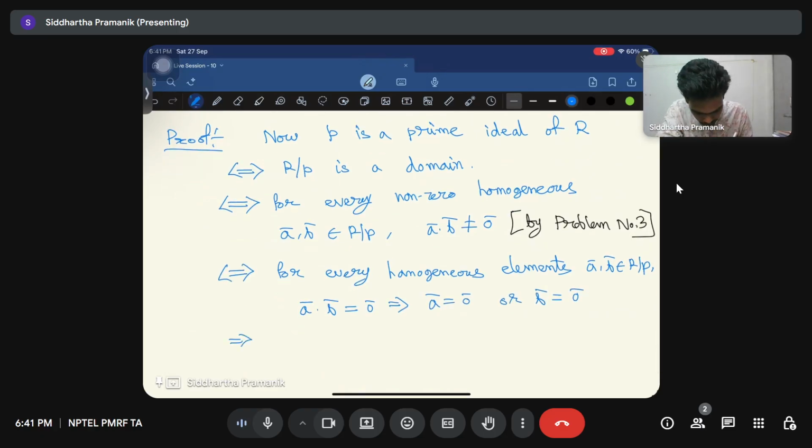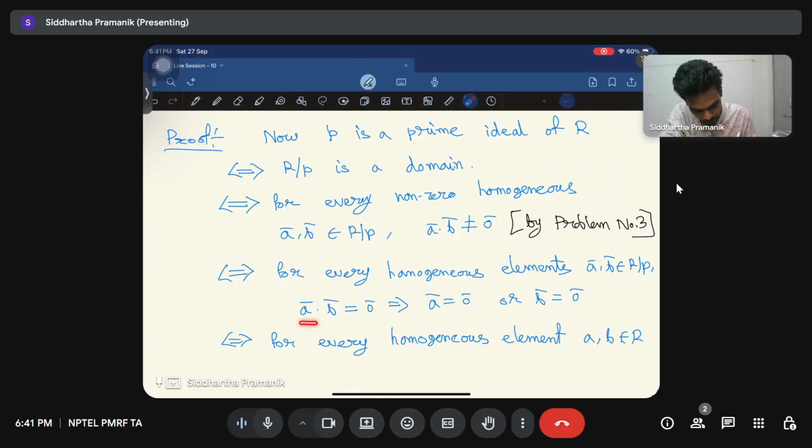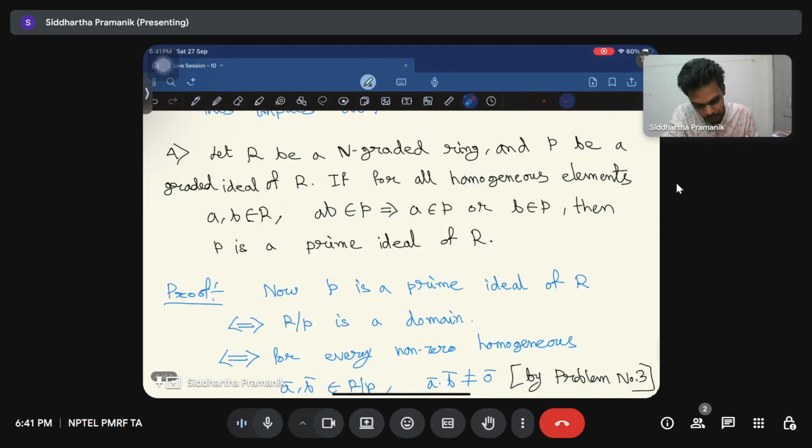And this will imply, for every homogeneous element A, B belonging to R, A bar times B bar is 0 bar, where 0 bar means the zero element of R mod P. That means A times B belongs to P. So this product belonging to P will imply A belongs to P or B belongs to P. That is exactly the condition given in the statement.